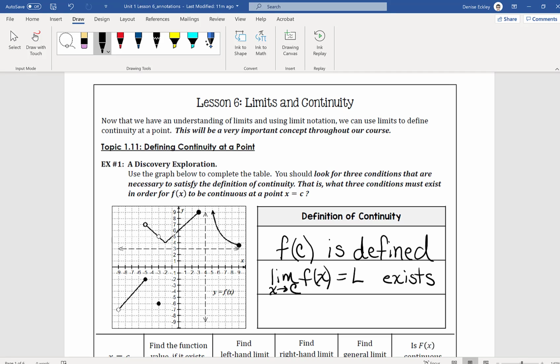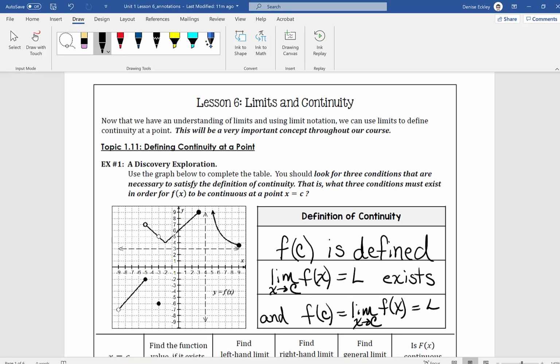And finally, the value of the function has to equal the value of the limit at c. Those 3 conditions must be met in order for this function to be continuous at a point.